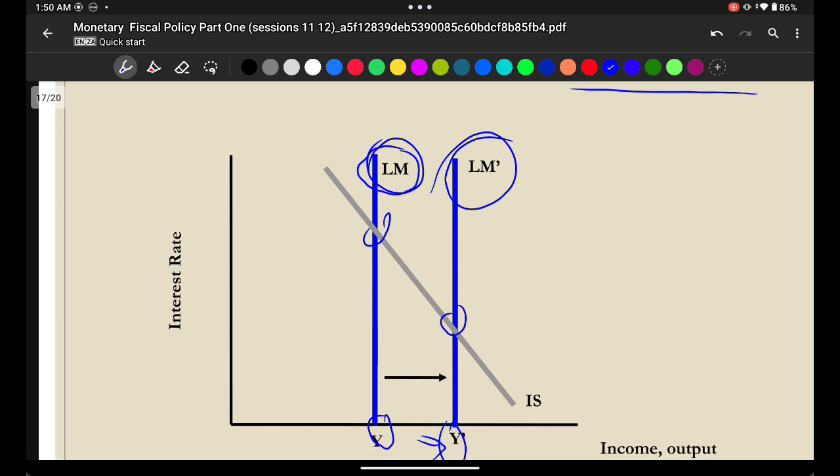Your LM is what? It's your money market. Where do you get the money market from? The supply and demand of money. We know the supply of money is going to be a vertical line, right? The demand of money is going to be like this. But now, because LM is vertical, this means both the supply and demand of money are vertical.